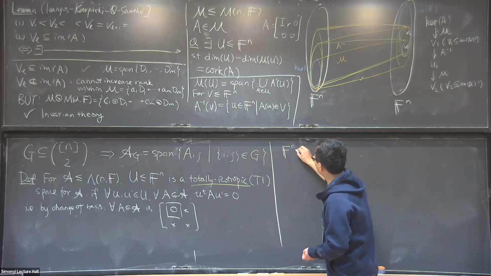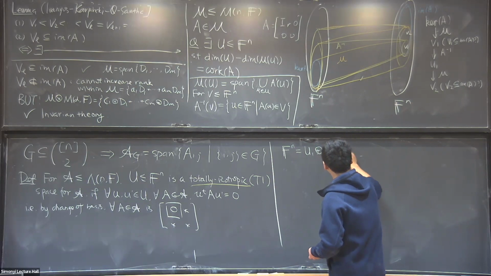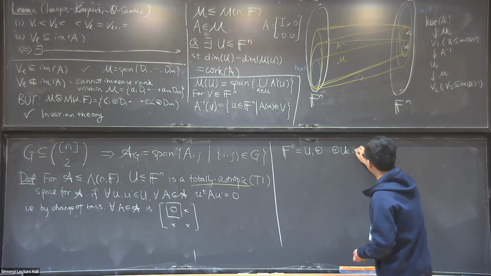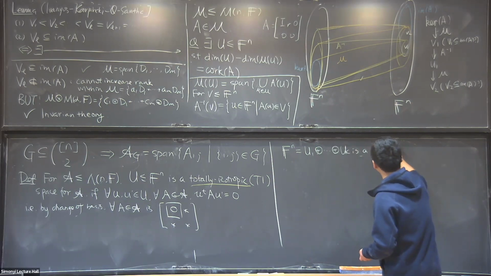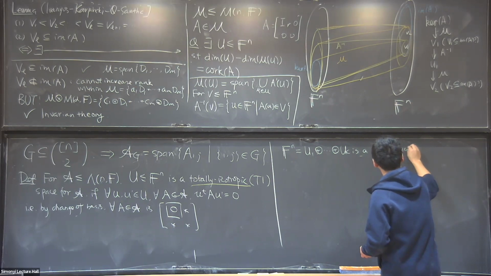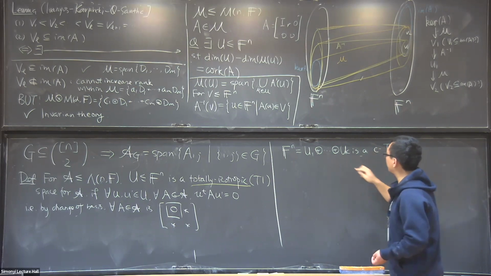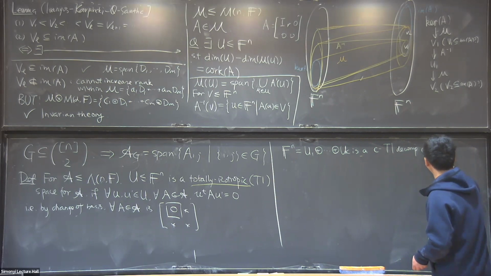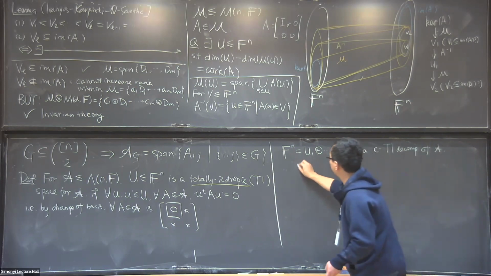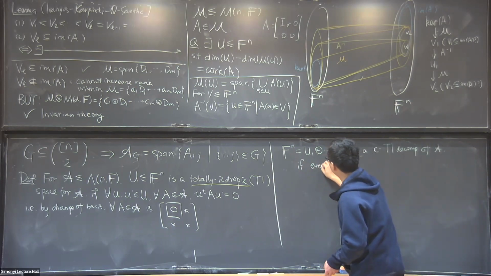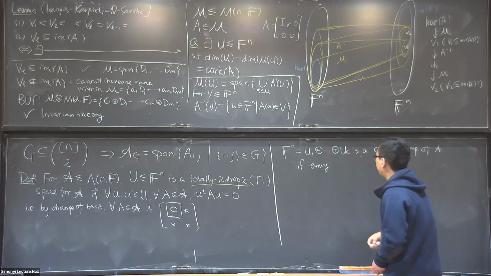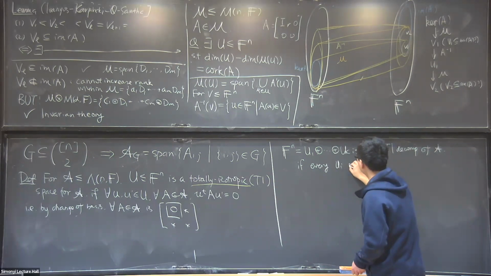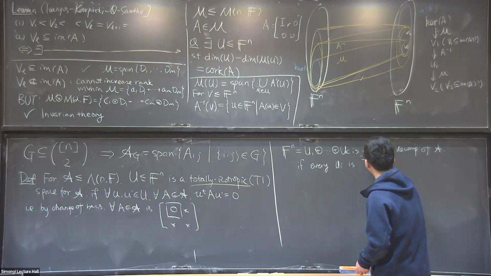That is, F to the N equals U1 direct sum through UC is a TI decomposition. So this is a direct sum decomposition of A if every U_i is a TI space.